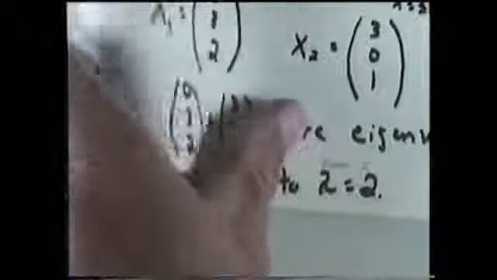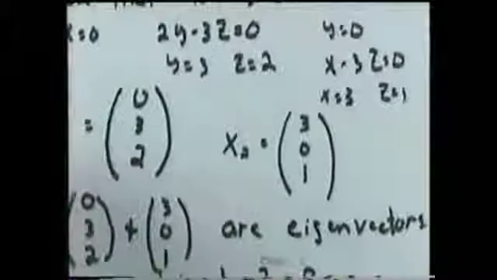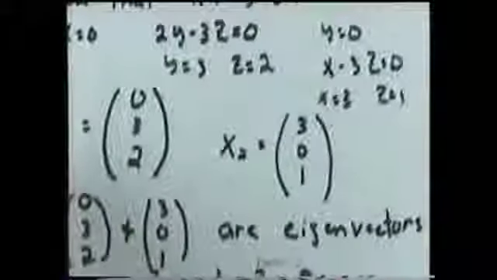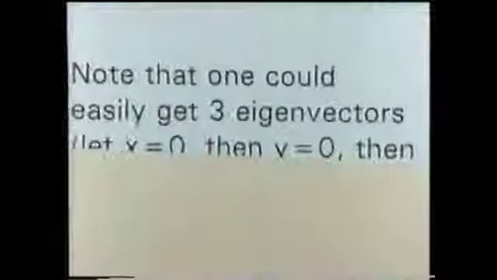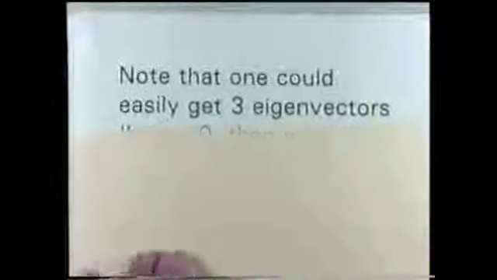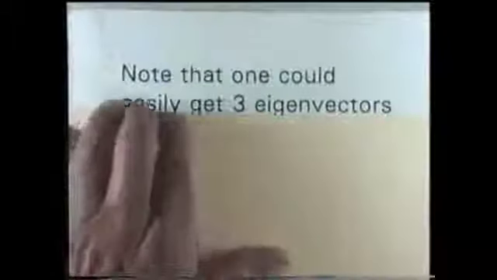Now right now you're probably thinking, wait now, you could create about as many as you wanted to. You could create more. Well, I'm going to deal with that. And I'm just going to point out that one could easily get 3 eigenvectors.